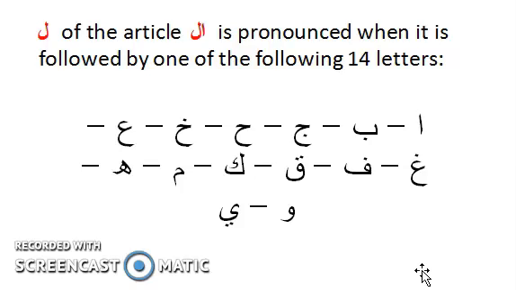The lam of the article alif lam is pronounced when it is followed by one of the following 14 letters, which is half of the Arabic alphabet: alif, ba, jim, ha, kha, ayn, ghayn, fa, qaf, kaf, mim, ha, waw, ya. When you see one of these letters next to lam in the article alif lam, you pronounce lam clearly.